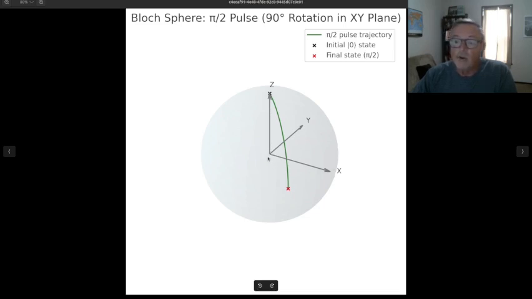If you take all the probabilities and add them together, they have to add up to 1. Let's use this to represent the 0 state, the vector 1, 0, and this down here to represent the 1 state. 0 here, 1 there.